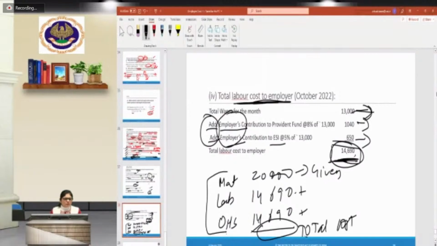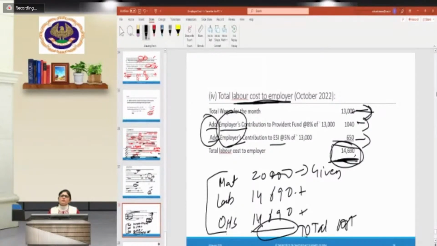And that's all for today's session. I hope you have understood the implications of overtime and idle time. In the next session, we'll be covering the wage incentive plans in detail. So what we have basically included today was the basics of labor cost. What are the aspects of labor cost control?